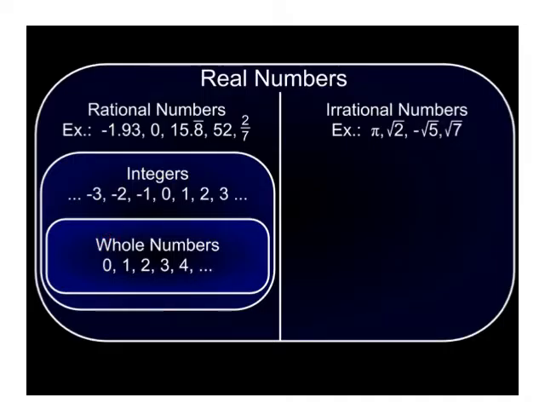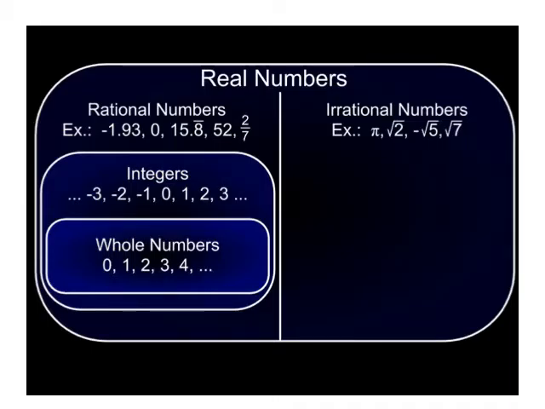All whole numbers are part of the set of integers. All integers are part of the set of rational numbers. So if it's an integer, it has to be a rational number. And if it's a rational number, it also has to be a real number. So you notice it's kind of this breakdown where you're nesting. Whatever the most specific one is, it includes that and everything outside of it.